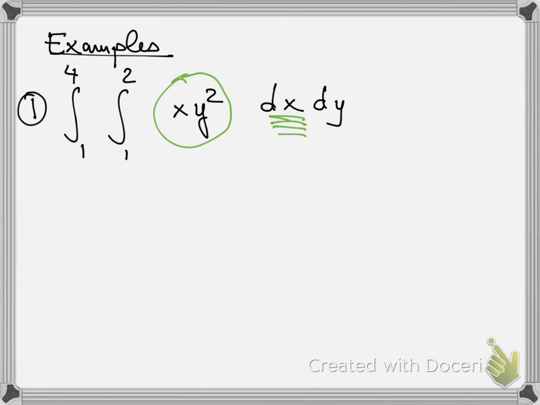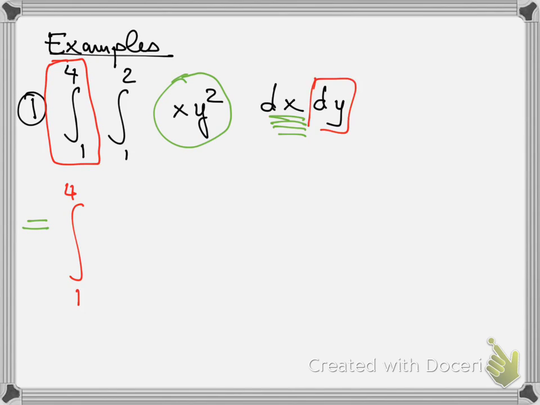It's like saying, for example, 3x. What's the integral of 3x? You just ignore the constant, right? And you integrate x, and the integral of x would be x squared over 2, right? So first you keep the 1 to 4 here.